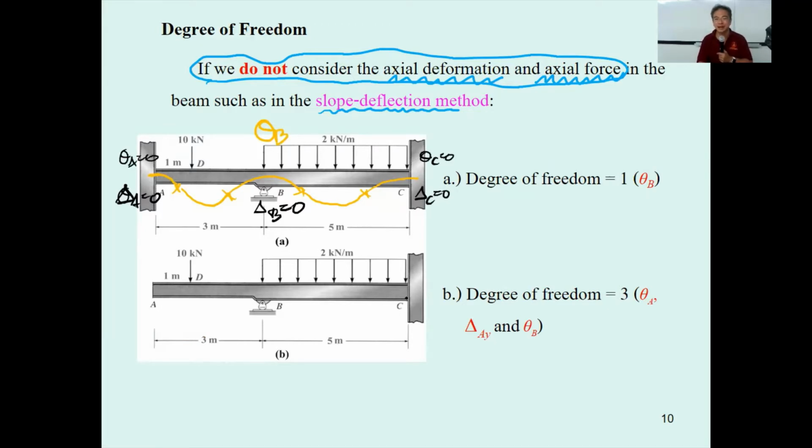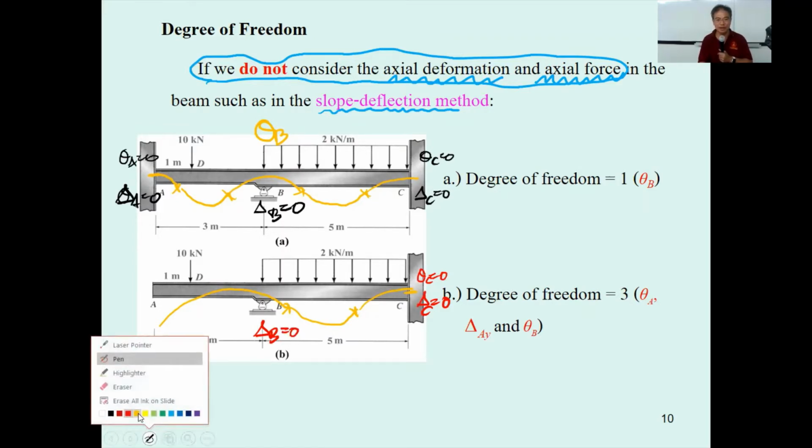Again, this one will have a deformation something like this. And you may have zeta sub C equal to 0, delta sub C equal to 0, delta sub B equal to 0. Now, in this problem, there is no axial deformation.